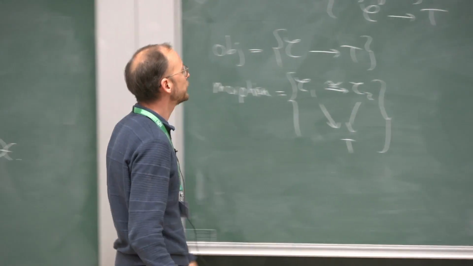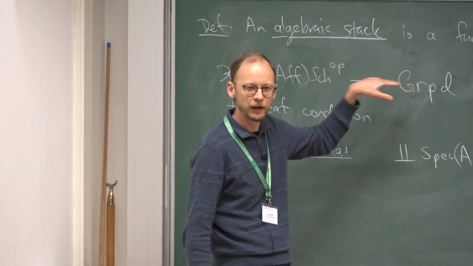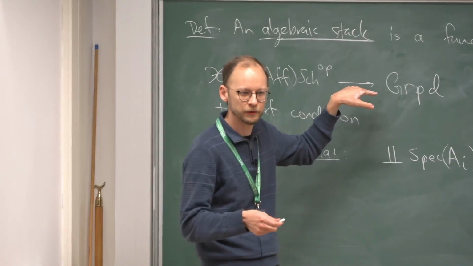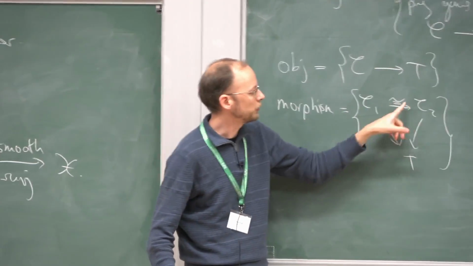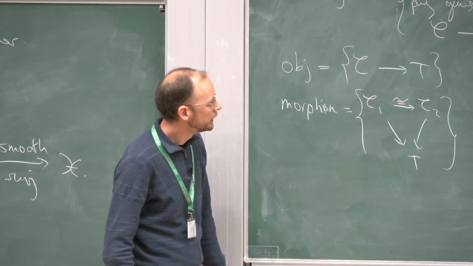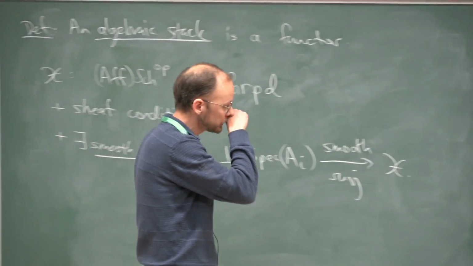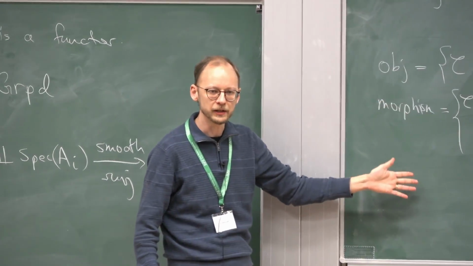And a groupoid is just a fancy name for a category where every arrow is invertible. So the morphisms of this category are all invertible because I can always turn these arrows. So here it's not clear that this has an atlas.